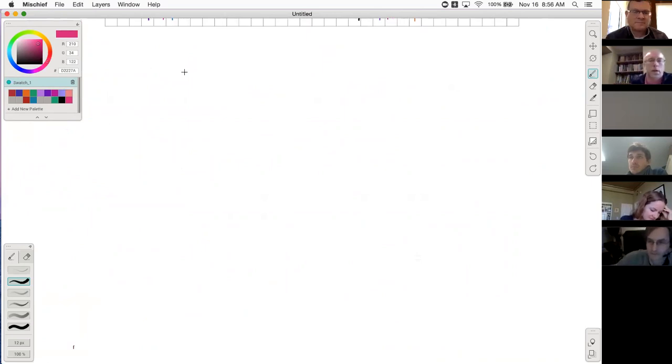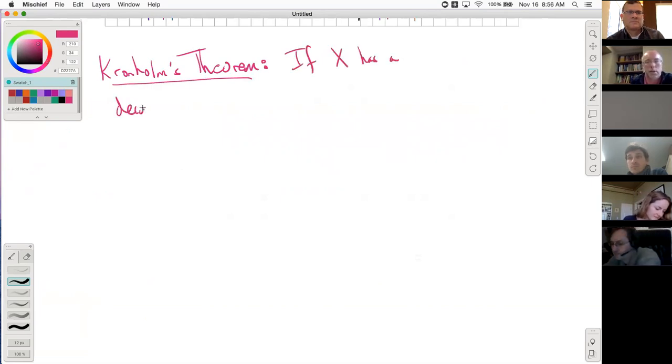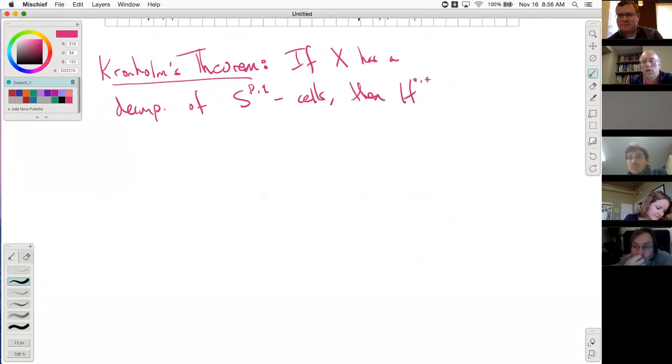Okay, so we saw this complicated thing where things sort of got complicated and crazy, but then they reassembled and they were all free at the end. So this always happens, and it's a theorem of Bill Cronholm's, which says that if X has a decomposition in terms of SPQ cells, then the cohomology of X, this is with Z2 coefficients now, is always a free M2 module.